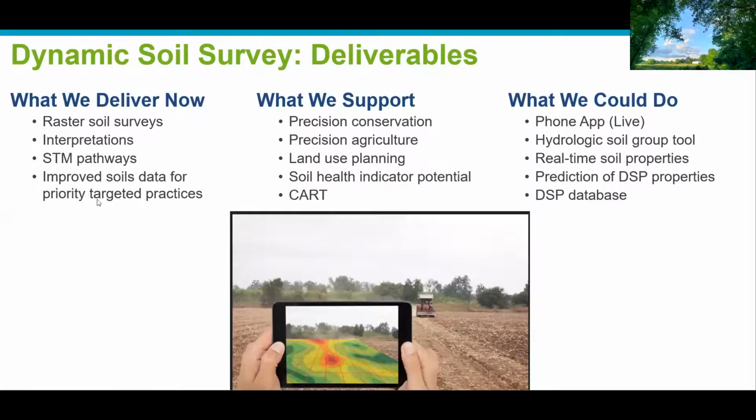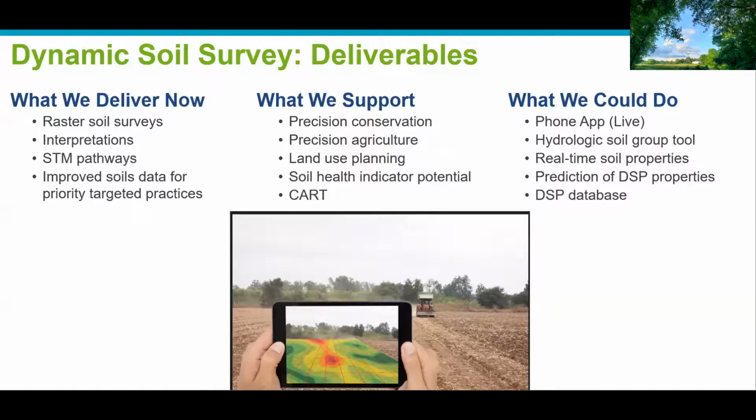So as we move forward, we know what we can deliver today. We can deliver raster soil surveys. We can deliver interpretations. We can deliver state and transition models and pathways. We're constantly improving the soil data for priority targeted practices. This is what we can do now, and we are.